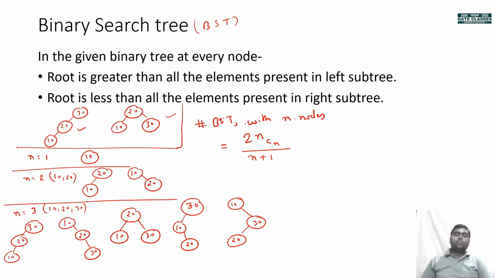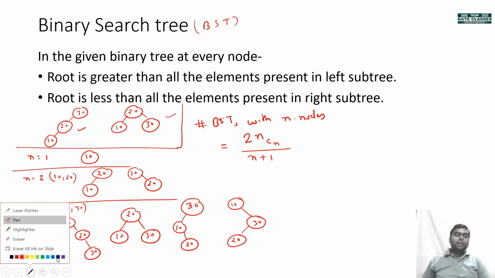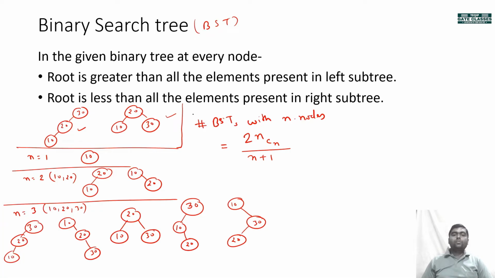So this is the required formula, and it is an important formula. If you are given n number of nodes, then you can easily find how many BSTs are possible. For cross-check purposes, you can take an example, n equals, let us suppose, 3. So how many BSTs are possible?